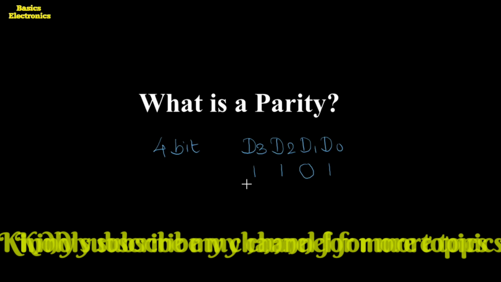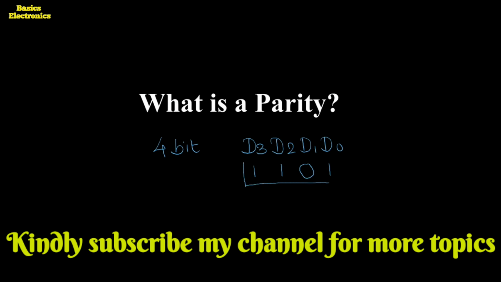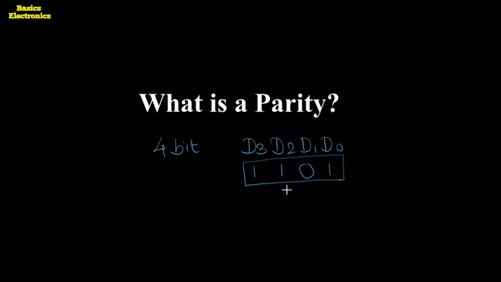Now here in this 4-bit data, the number of ones is 3. The number of ones is 3, and this number of ones we call the parity.